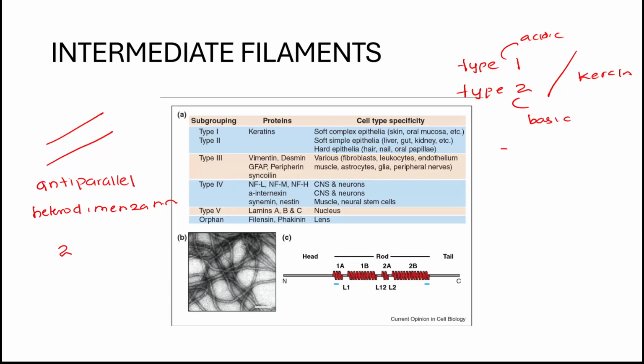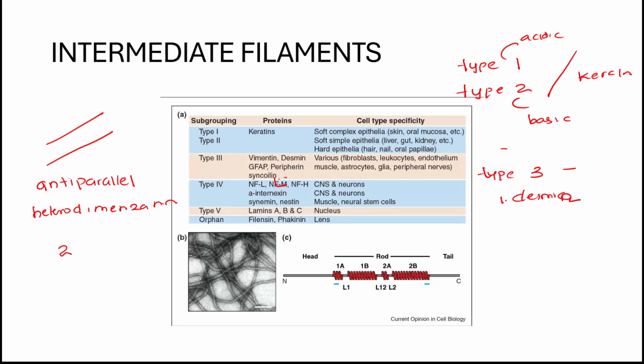So type 3 is a heteropolymeric protein. There are four types in fact. There's desmin, which is found within the sarcomere of muscle cells, striated muscles.